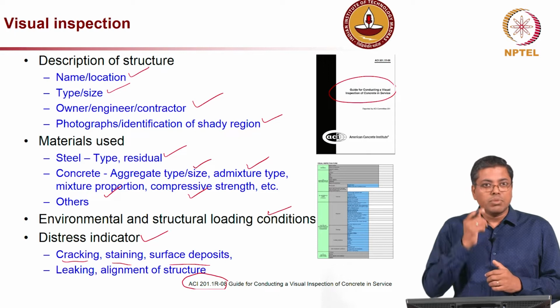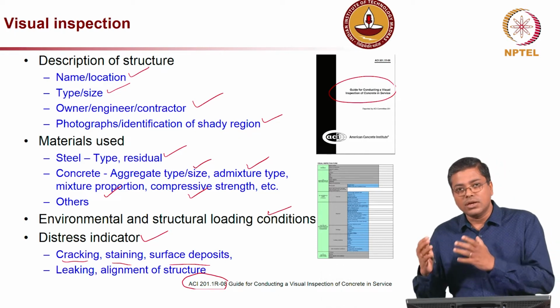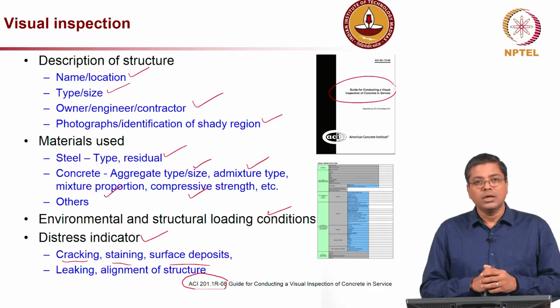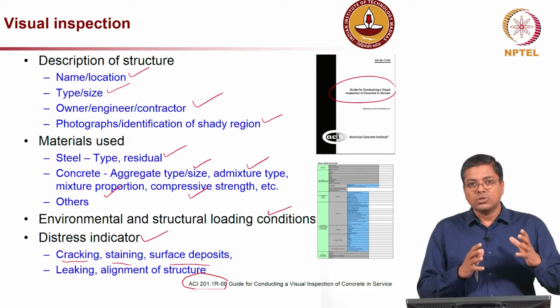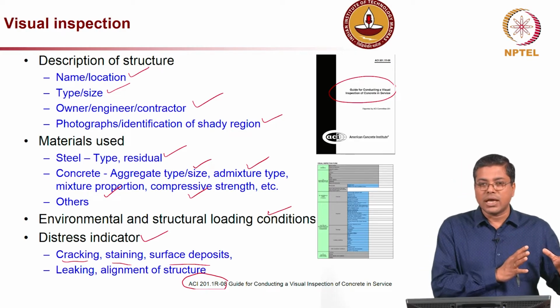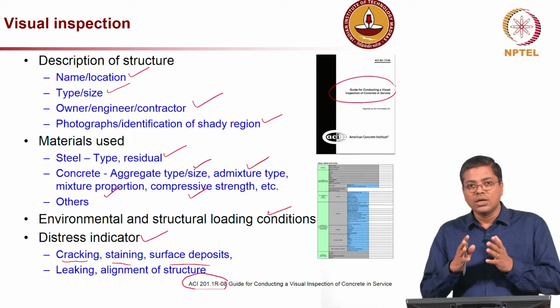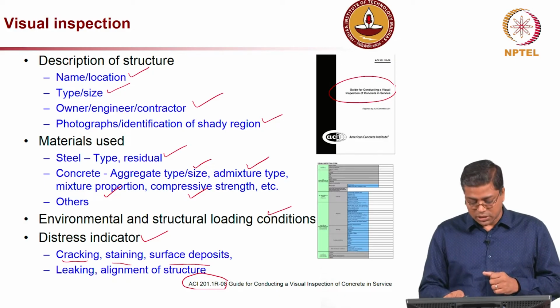So it is very important to have a good understanding of the material deterioration mechanisms, which we covered in detailed modules on both steel and concrete. Once you know the deterioration or corrosion mechanisms, then you have an idea of what to look for when you go for visual inspection.